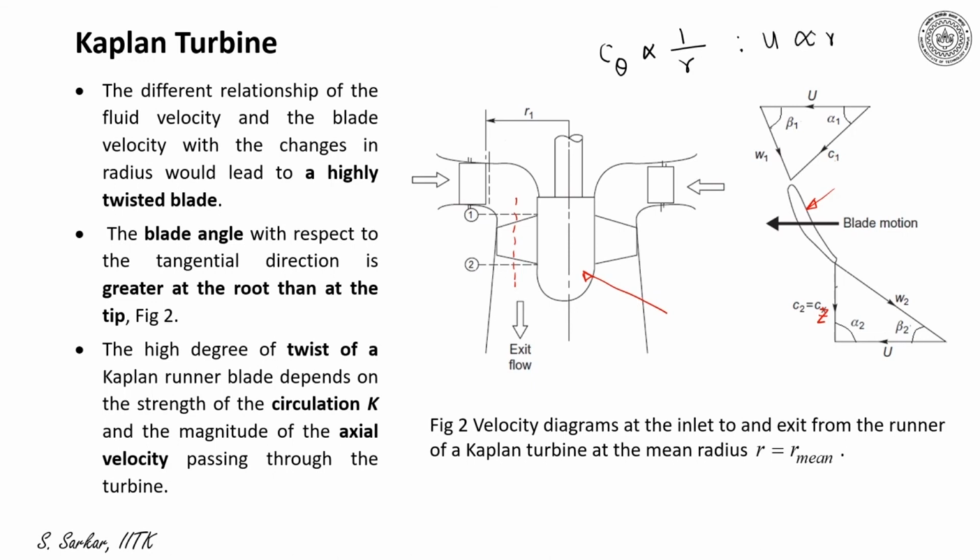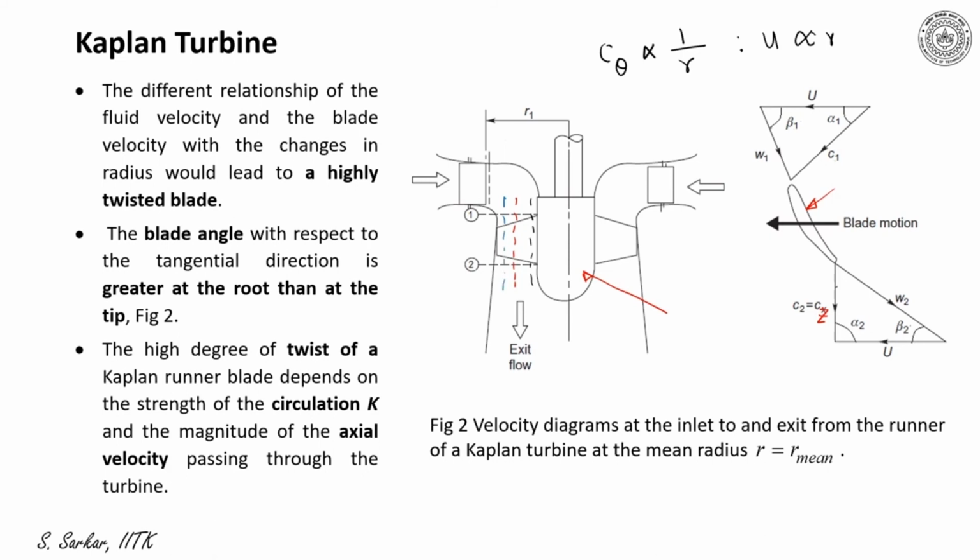Considering that, if I draw the velocity triangle at different sections, we would realize that it leads to the twisted blade. To make you understand, I have taken three sections. One is near to the hub, one is the central line, which is indicated by red, and another I have drawn by blue, which is a section near to the tip.